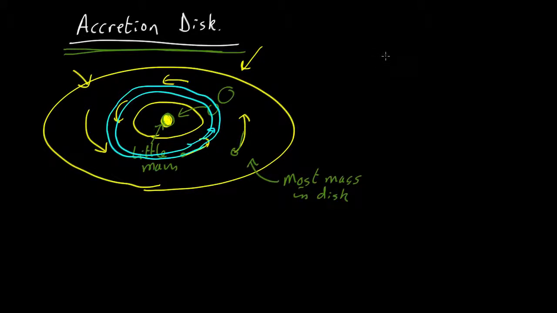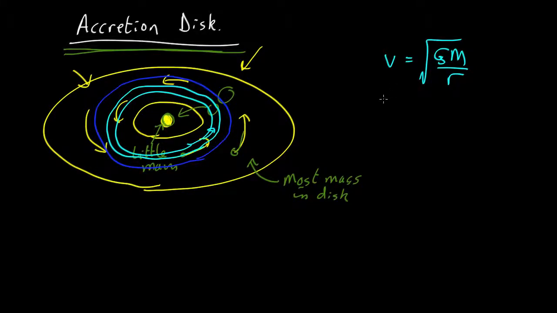Now it's going to be moving with some velocity, equals root GM over r. And now let's consider the next ring further out. It's a little bit further out, so this one is going to be, let's call that r1, and this one's going to be GM over r2.